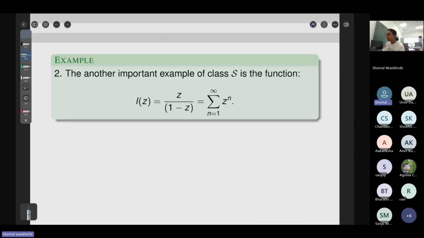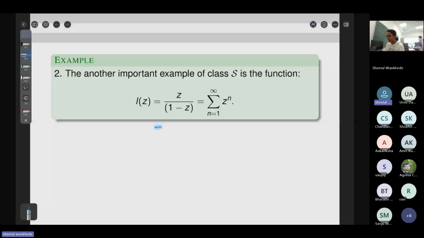Another important function of this class S is z/(1−z), which is simply the summation n equal to 1 to infinity of z^n. This function also maps the unit disk onto a half plane. Which half plane? Using simple complex analysis, we denote this function by w and replace z, and we know mod z is less than 1.